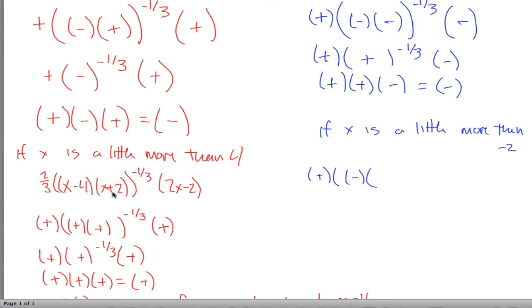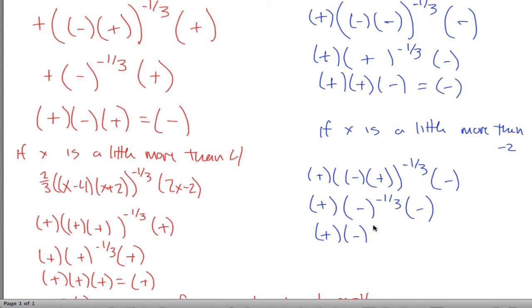But this one over here, negative 1.99 plus 2, that's a positive number. Just barely, but it's positive. And so I want that whole thing raised to the negative 1/3 power, and then times this thing out here, which again is negative. So that's a positive number times a negative number raised to the negative 1/3 power times a negative number. That's a positive number times a negative number times a negative number. That's a positive number.